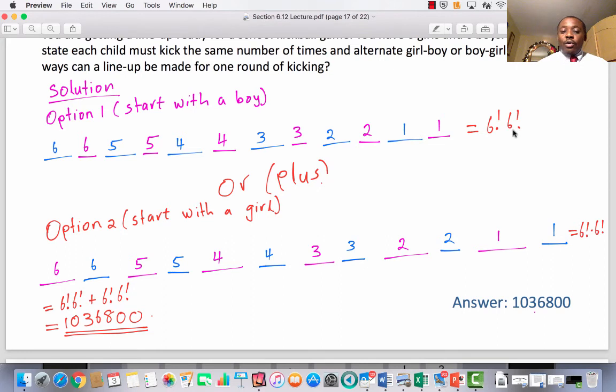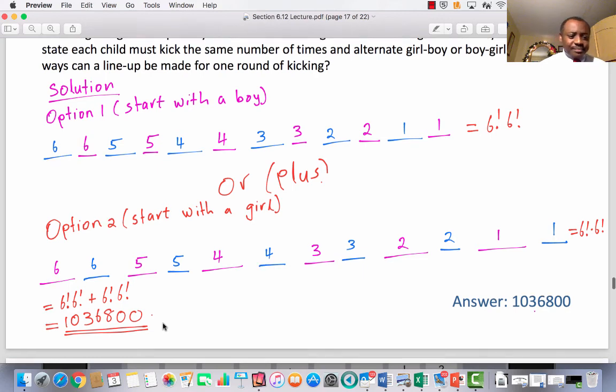I could either go option 1 or, which is plus, option 2, that will be 6 factorial times 6 factorial plus 6 factorial times 6 factorial, and my answer is 1036800. So these are how many ways a lineup could be created for just one round of kicking. That's interesting, and it is a beautiful problem.